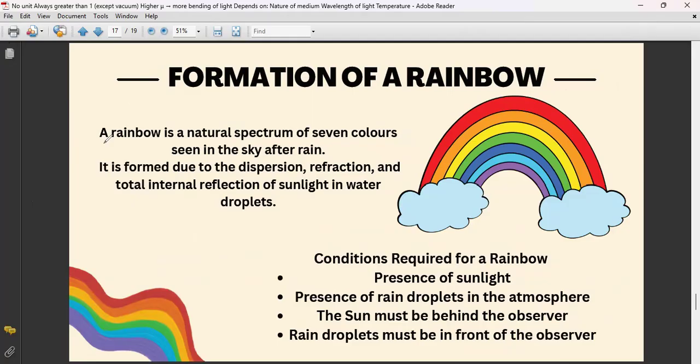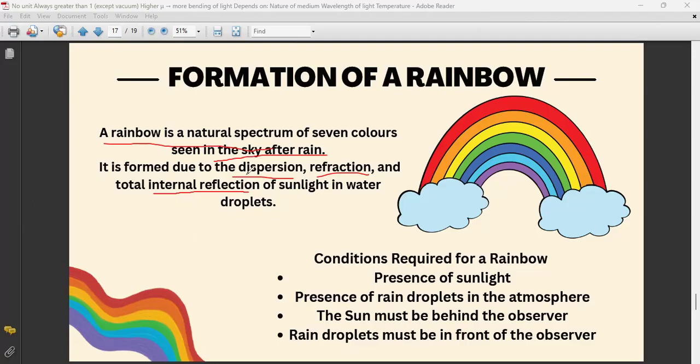So a rainbow is a natural spectrum of seven colors seen in the sky after the rain. It is formed due to dispersion, refraction, and total internal reflection. These three different concepts are similar, but somehow they are different from each other.